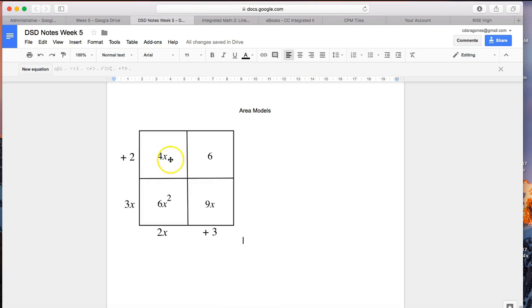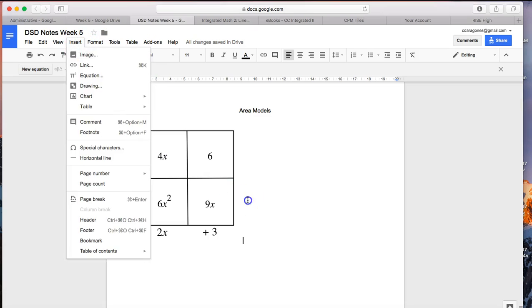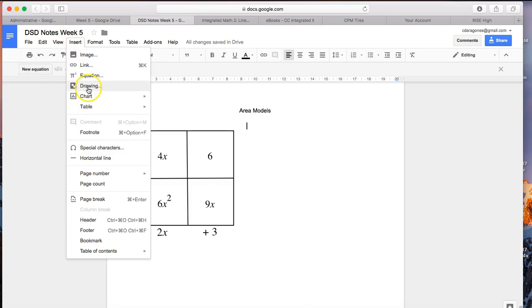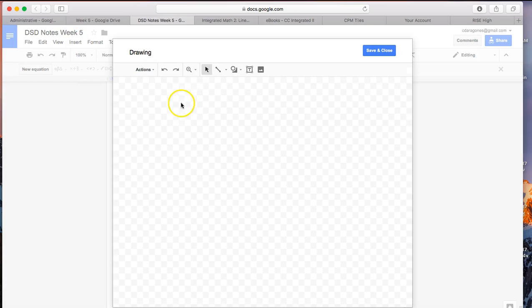So as you can see, each of the squares in this overall square or rectangle has an area. For example, this square right here has an area of 4x. So I'm going to highlight it.